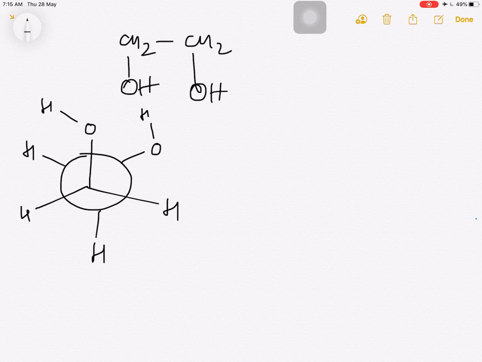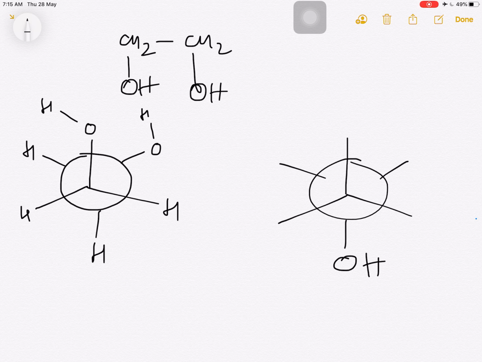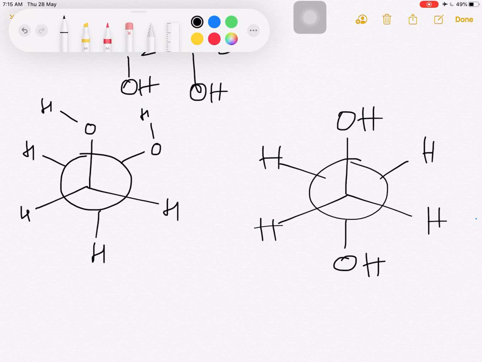This is one gauche form, and the anti form will be like this: one OH here, one OH here, and this will be H and H.